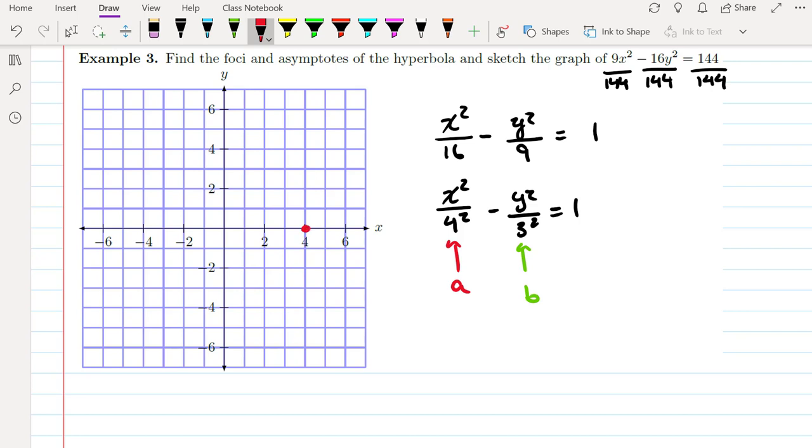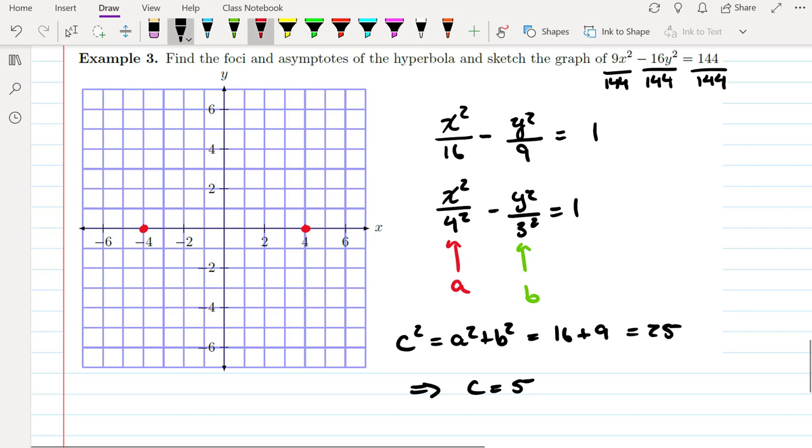Our vertices are right here at plus or minus 4. And for our foci, c squared equals a squared plus b squared. In this case, that's 16 plus 9, which gives us 25. And 25 does have a very nice square root, which is exactly 5. So our foci are going to be at plus or minus 5.